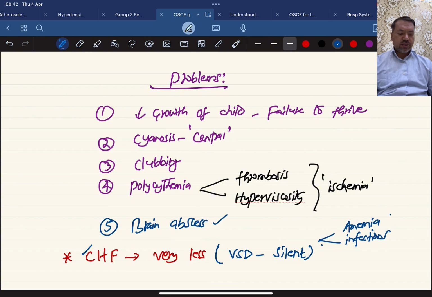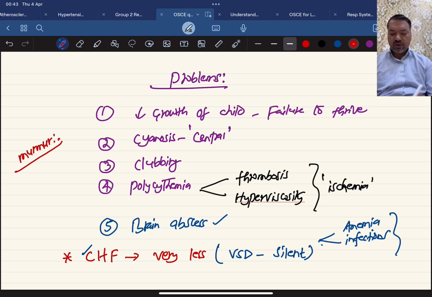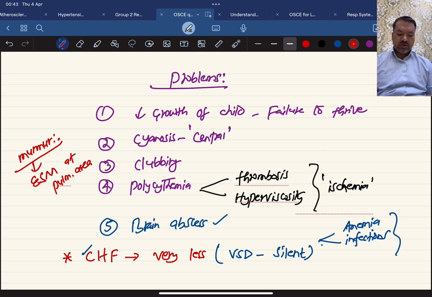All these conditions can still cause heart failure even in case of Tetralogy of Fallot. Now one more question: which type of murmur is heard in Tetralogy of Fallot? The answer is ejection systolic murmur at the pulmonary area. Usually the murmur of VSD is not heard because of the silent nature of the VSD.